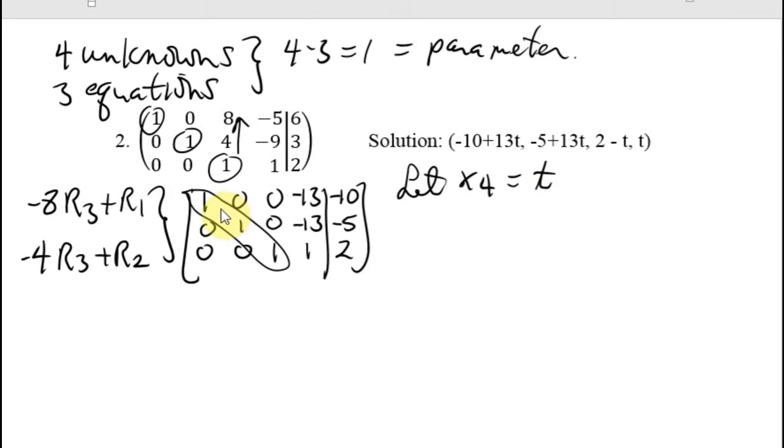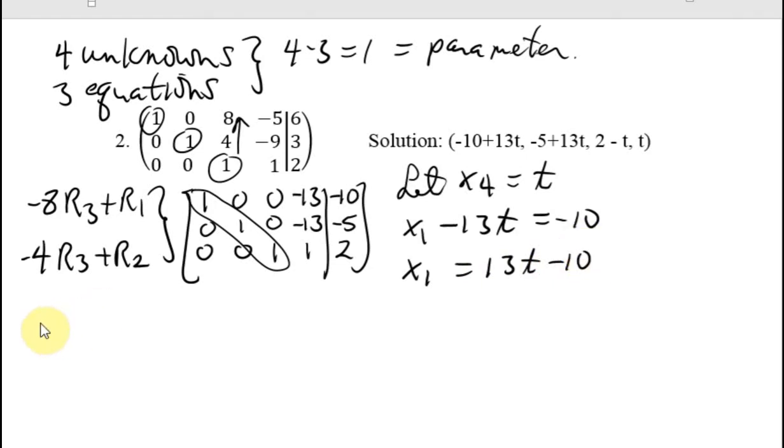Now you should be able to look at it and kind of tell what's happening. This says x sub 1 minus 13t is equal to -10. That means x sub 1 is equal to 13t minus 10. That second row says x sub 2 minus 13t is equal to -5.